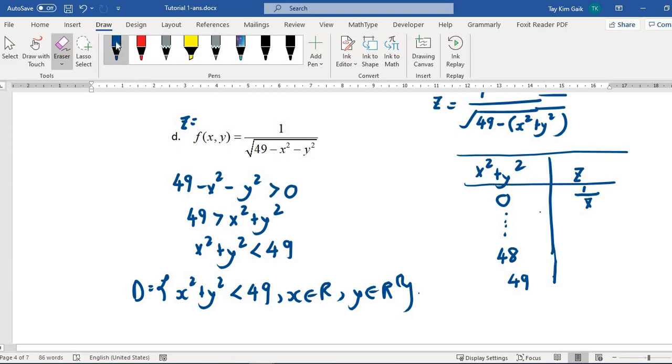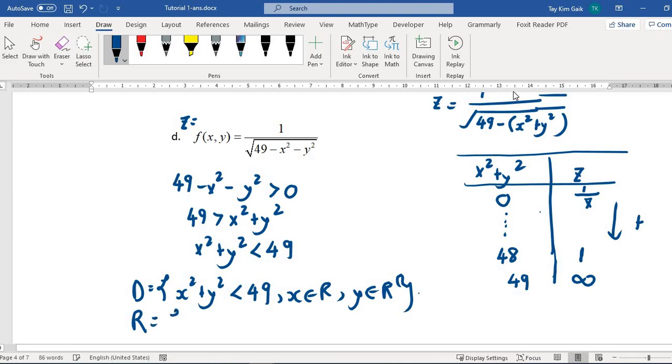So this one you will get 1, because 49 minus 48 is 1. So the square root of 1 is 1, the answer is 1. This one you get infinity. So it means the value increases from 1 over 7 until positive infinity. That's why 1 over 7 is the minimum value.